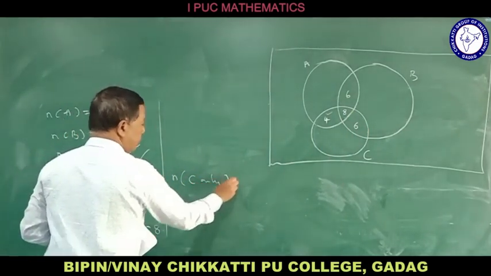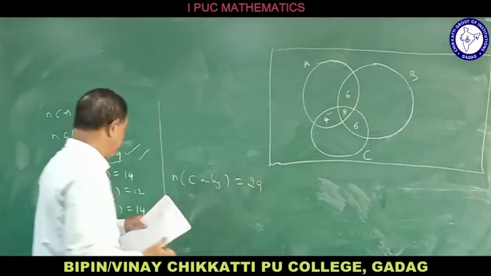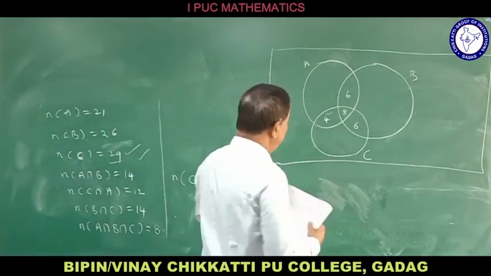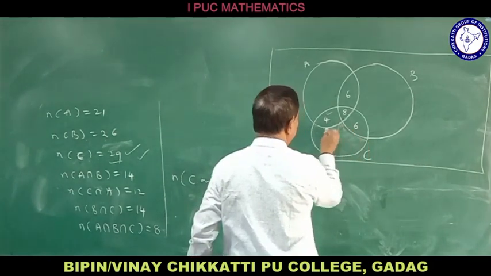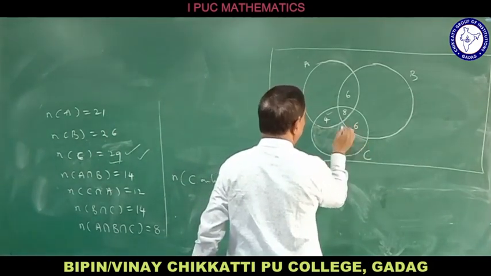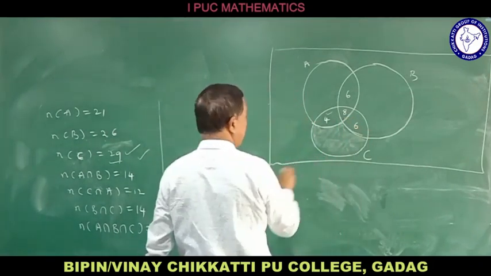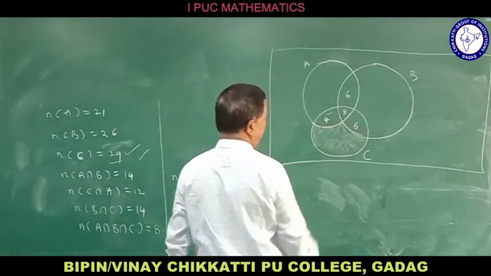You already told 29, okay, because the answer is 29. But here, purely, we want to write these elements. Yes, correct or not? 29, here all together is 29.